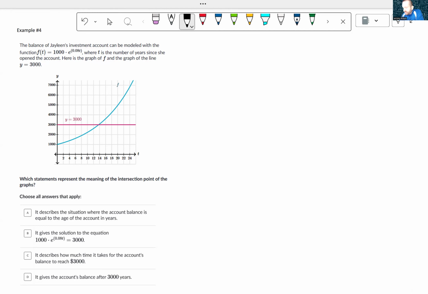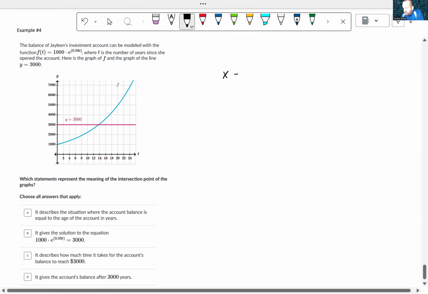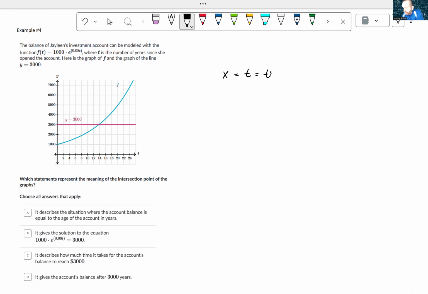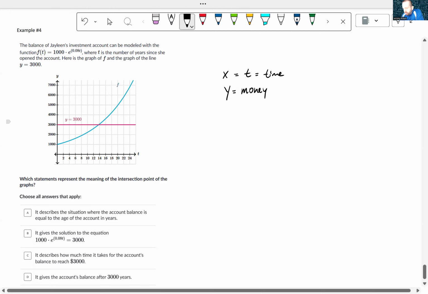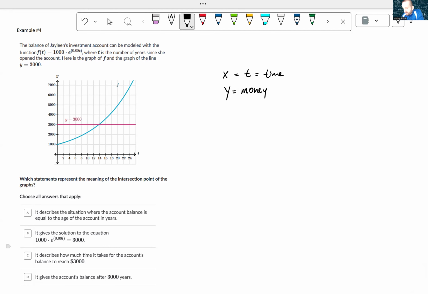So our x-axis is actually our t value, and that equals time. And y is equal to the money. So this says which statement represents the intersection point of these graphs. Choose all that apply again.